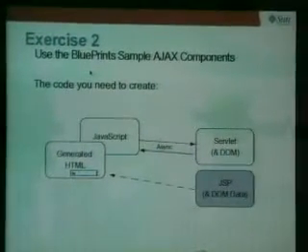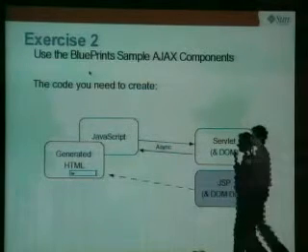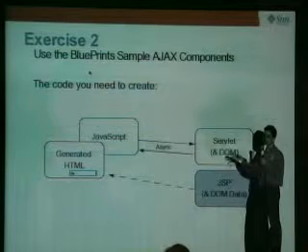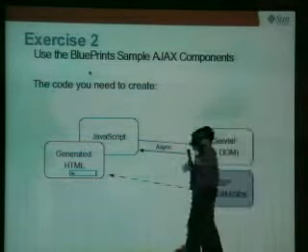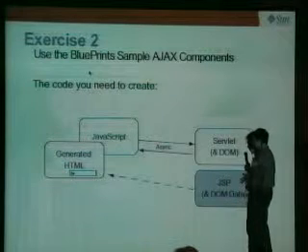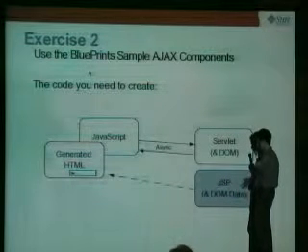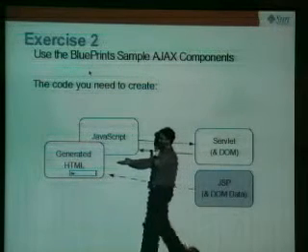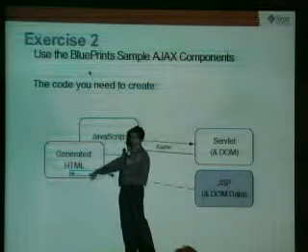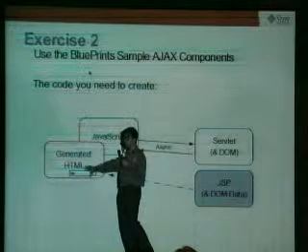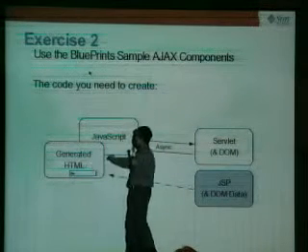So if you take that same example, this is the code that you need to create generally if you're going to do these Ajax applications. You start off with your JSP, and that will generate your Java Server Faces or your Struts applications, and you would have a text field within an HTML screen.